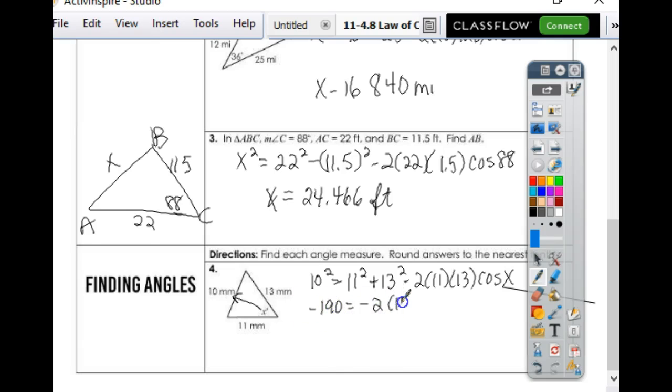Now I'm going to divide, but I want to divide by all of this at one time. I'm going to push divide, and put negative 2 times 11 times 13. If you did it right, you got negative 0.664.